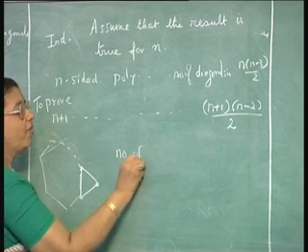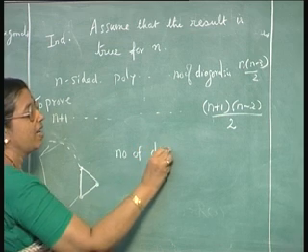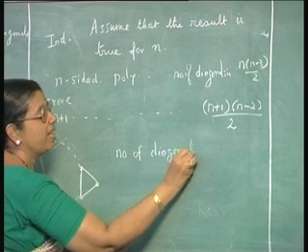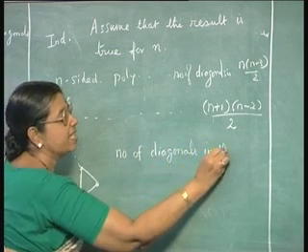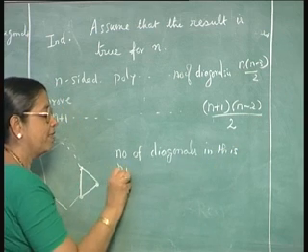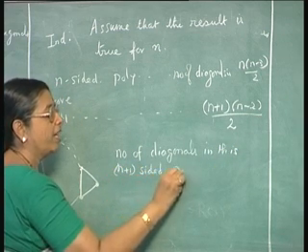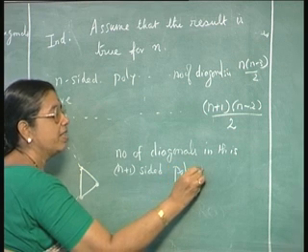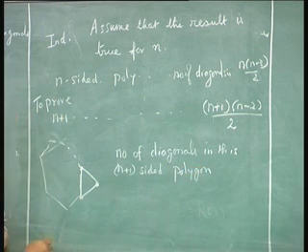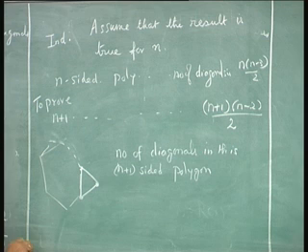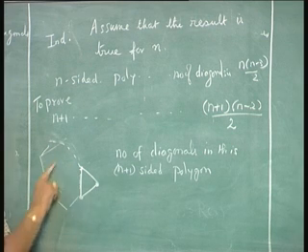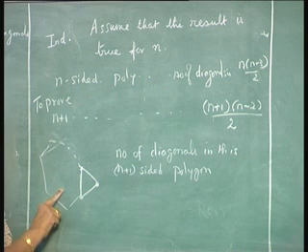The number of diagonals in this n plus 1 sided polygon. See, n plus 1 sided means n plus 1 vertices. Already, the diagonals here will also exist here.